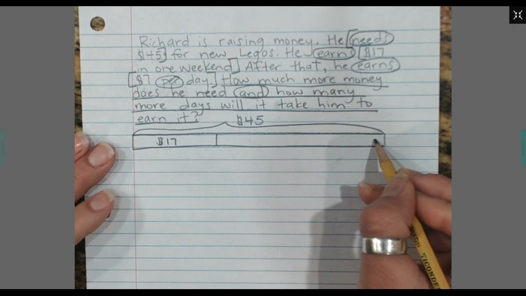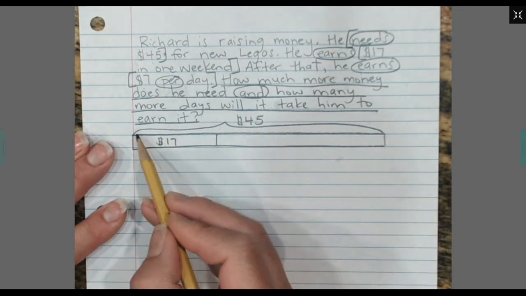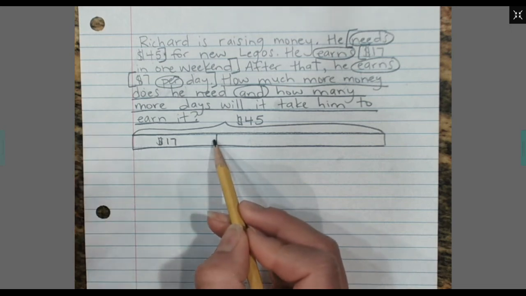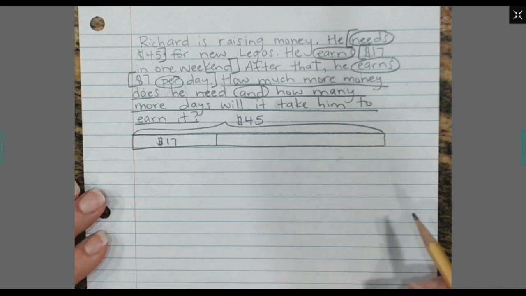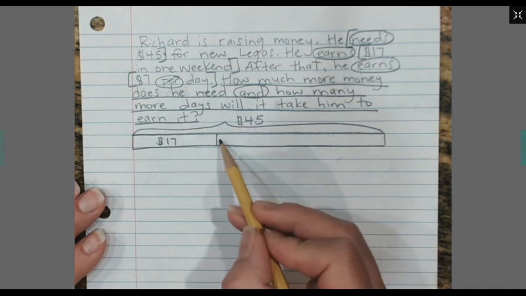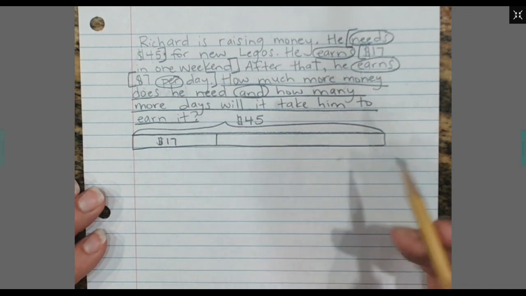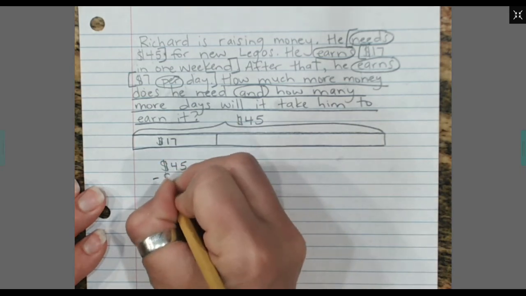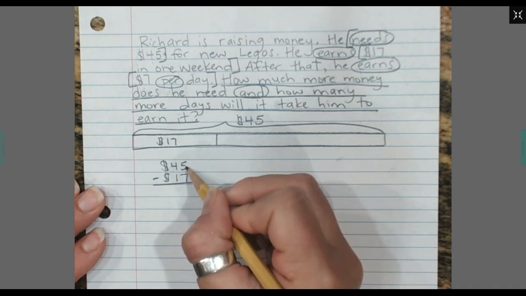So there are several different ways that we can do this. But from my brain, I see this as I have a total, and I have part of that total, and I need to find the rest of that total. So what operation could I use to fill this in, to solve for this missing amount? Subtraction. 45 minus 17. Can I take 7 from 5? No, I cannot.